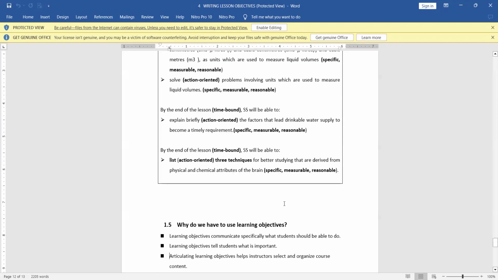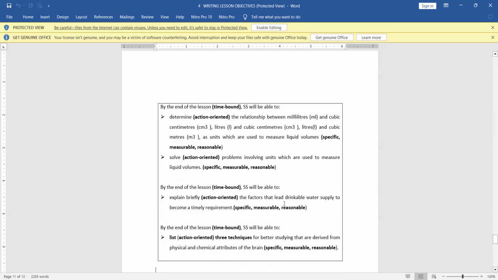So there are some others as well. We look at another one and finish it off. By the end of the lesson, time bound, students will be able to determine, action oriented, the relationship between milliliters and cubic centimeters, liters and cubic centimeters, liters and cubic meters as units which are used to measure liquid volumes.